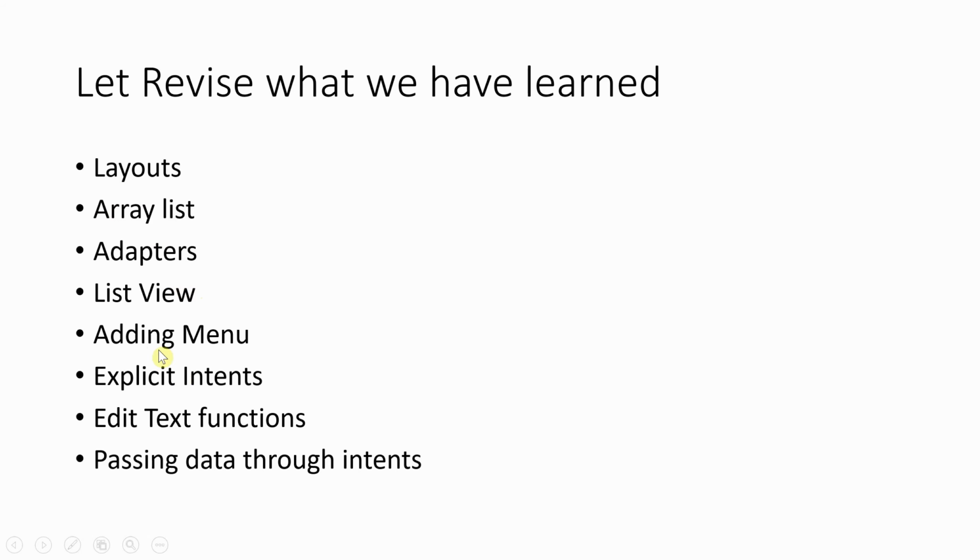And then we also discussed how to add a menu to our app. Then what are explicit intents, what are implicit intents. We saw some examples of explicit intents, and then we discussed some edit text functions which were important because whenever we change the text inside the edit text, that function is called and updates our edit text. And then we also discussed how to pass data through intents.